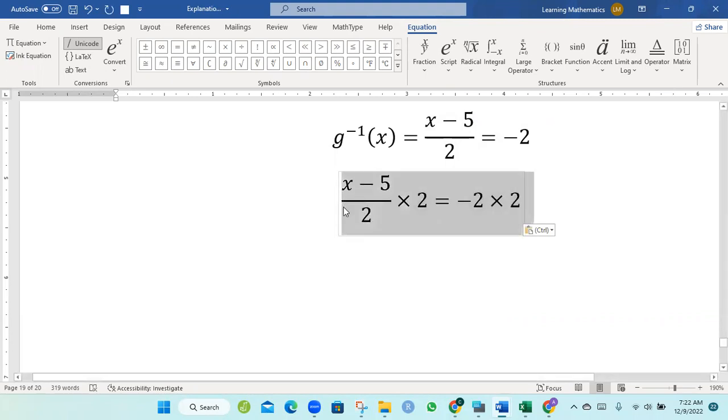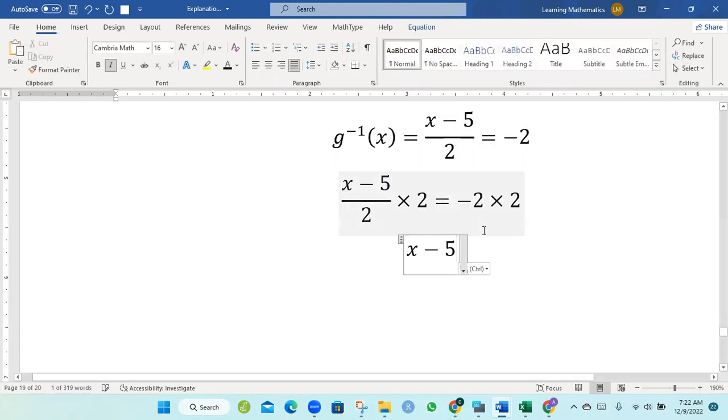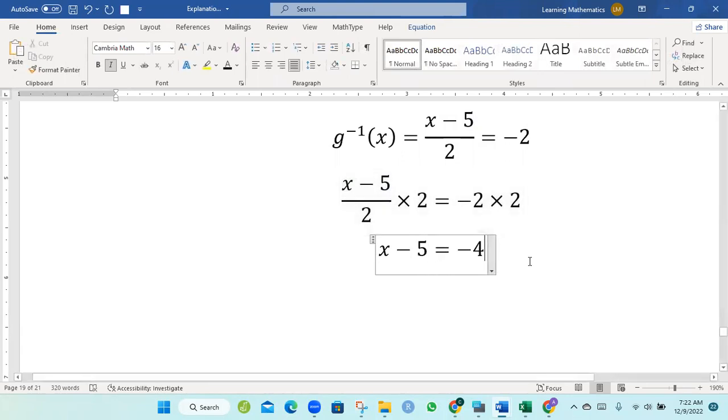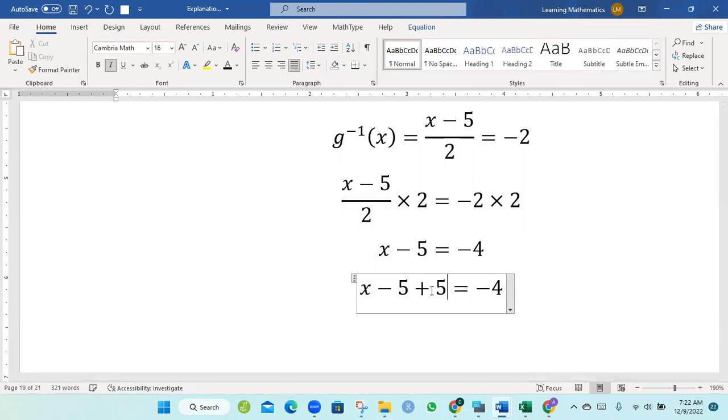So we're going to have x minus 5, because x minus 5 divided by 2 multiplied by 2 leaves us with only x minus 5 on the left, is equal to negative 2 times 2, which is negative 4. And now to cancel out negative 5, we have to add 5 on the left. And if we add 5 on the left, we have to add 5 on the right.